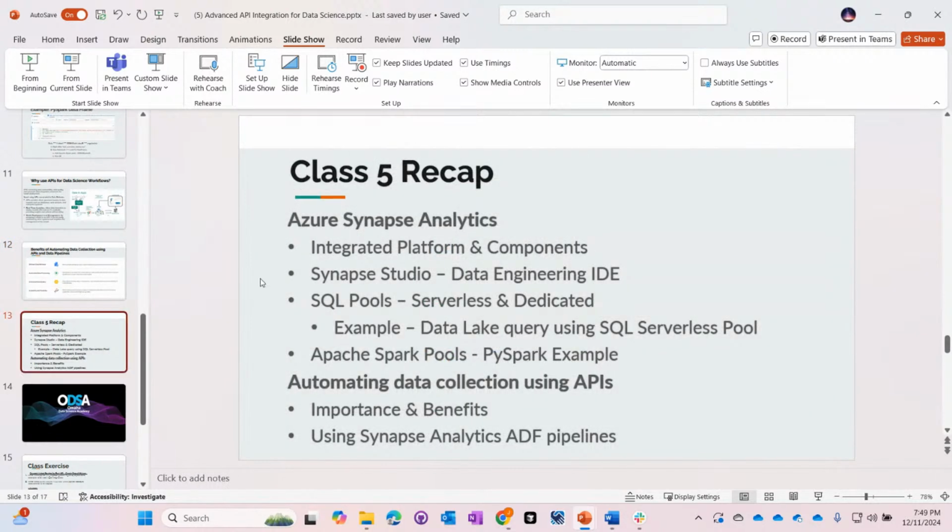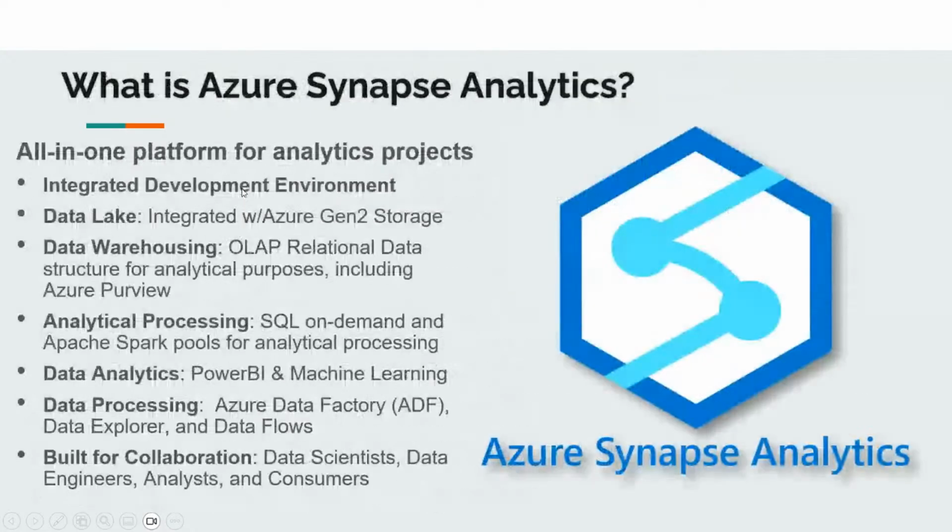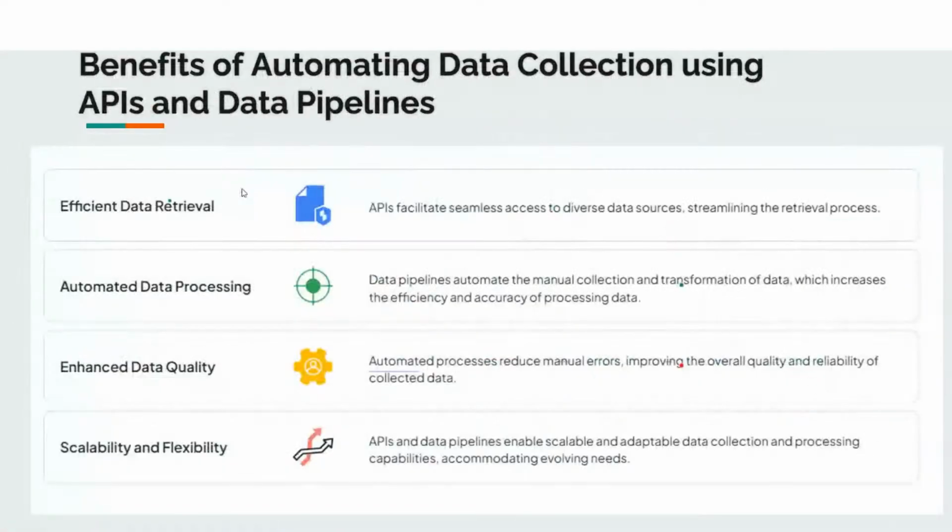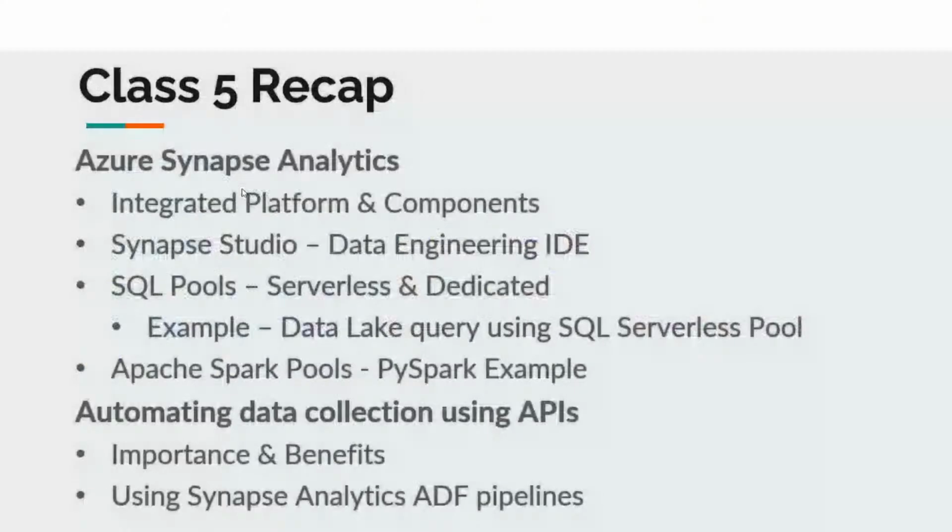Okay. So recapping, we went through a full introduction here of Azure Synapse Analytics and how it is in Fabric, and how similar it is to what is also provided in Azure Synapse Analytics. So it's an integrated data science and data engineering platform, and it has a number of components that you've already seen, all integrated in the same platform.